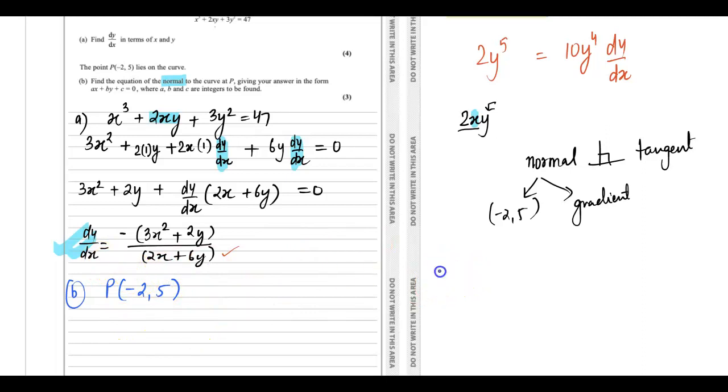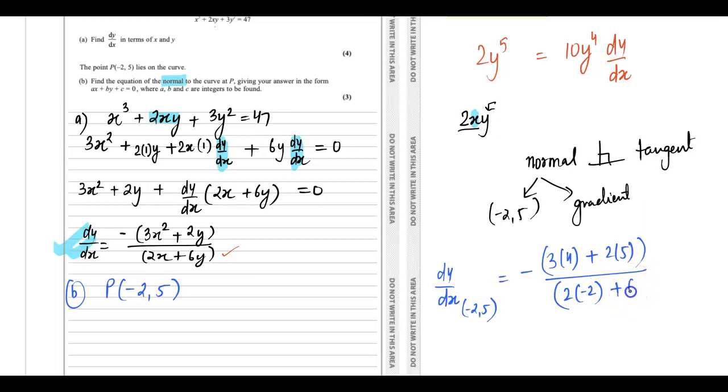dy by dx at negative 2, 5. So it's simply substituting negative 2 and 5 there. So 3 times negative 2 squared would be 4 only, plus 2 times 5, over, down there, 2 times negative 2 plus 6 times 5. Okay, perfect. So it's negative 12 and 10.